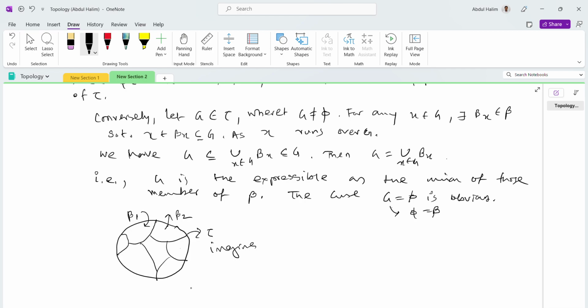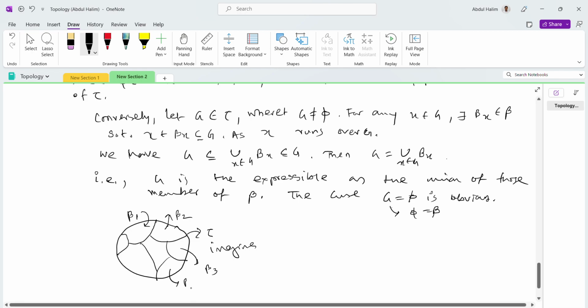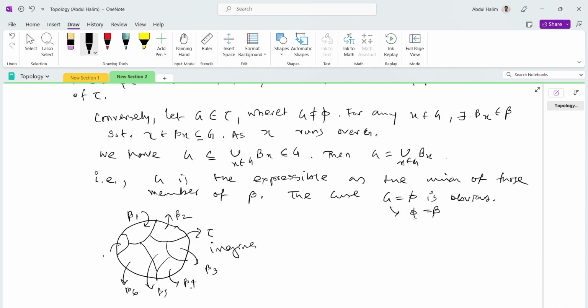If you draw this picture, it is not proper, but I will try to help understanding. If this is the topology, if you just imagine it, it is not a true picture because it is truly complicated.